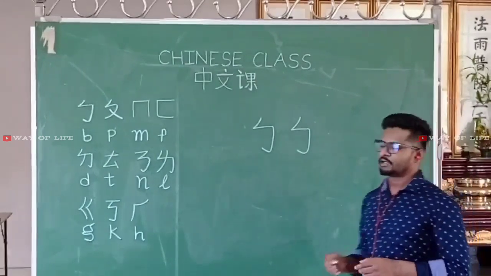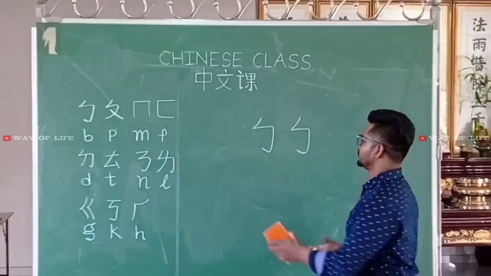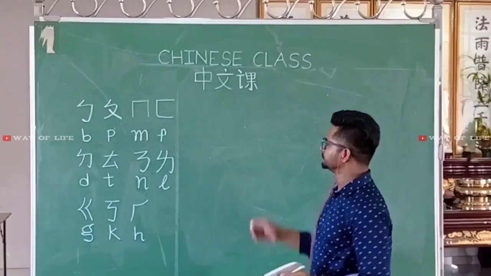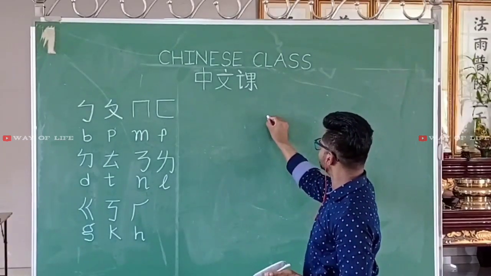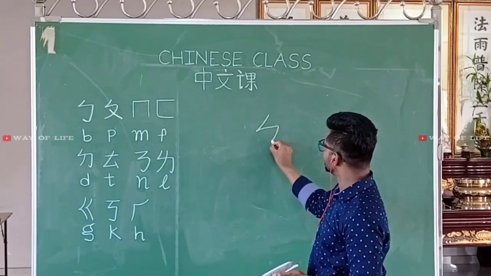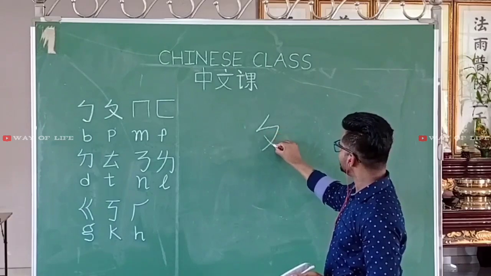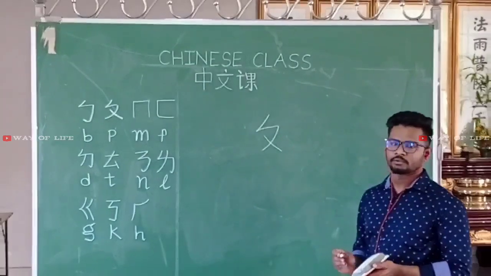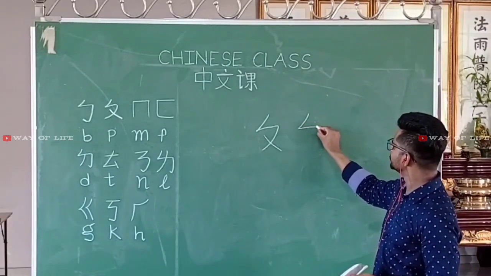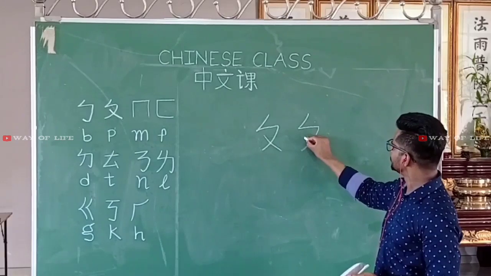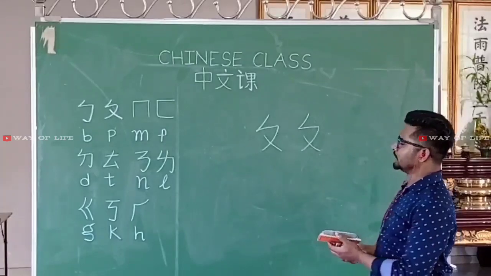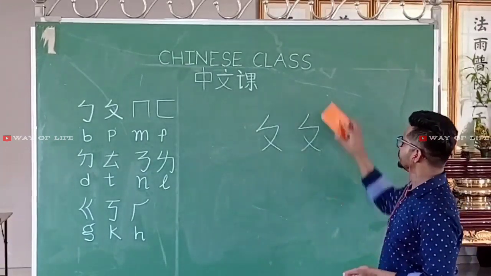Okay, over to the next character. How to write it? Let me tell you. Follow me. 1, 2, 3 and 4. I will tell you one more time. 1, 2, 3, 4. This is the second alphabet. I hope you have noted it down.